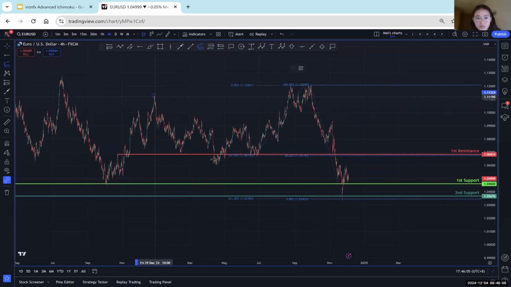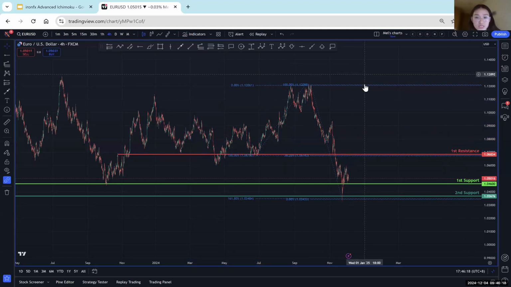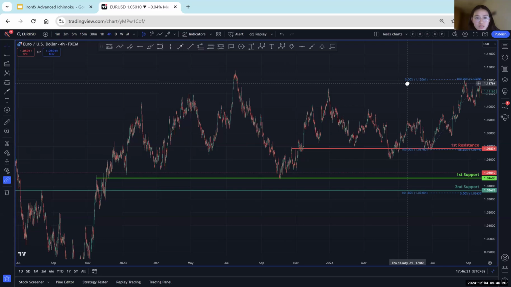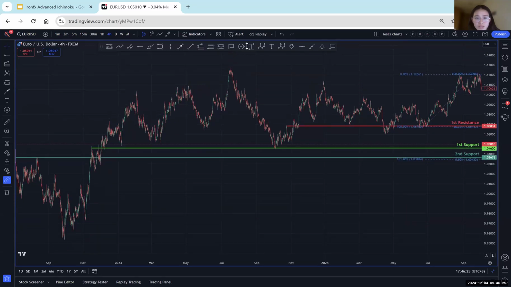Next, I'm going in with a projection. Okay, 100%. Can see price has already broken out of it, even though it does line up with our first resistance. So I'm going to move that again. Okay, I might go in with a retracement here.